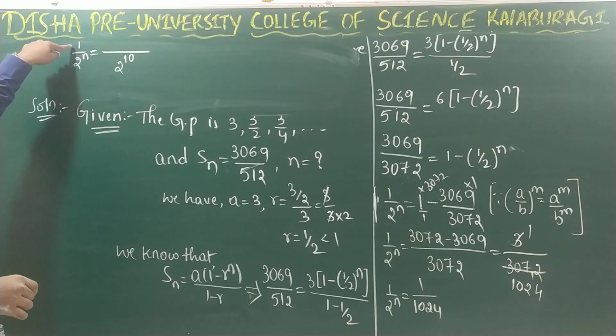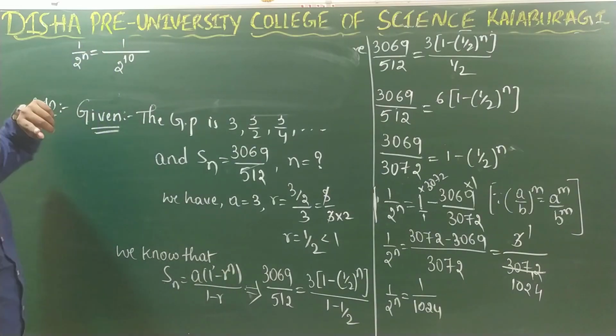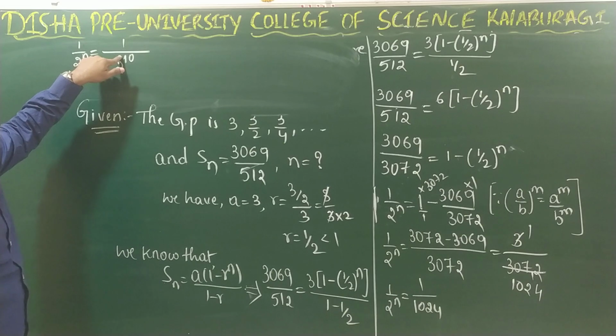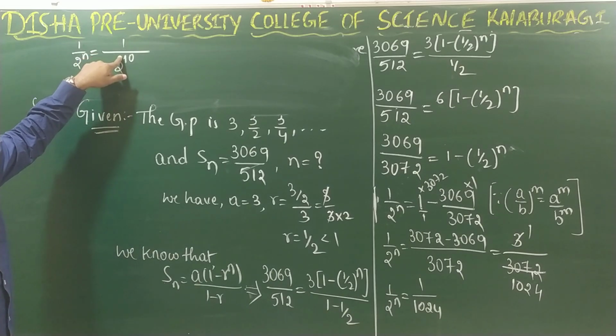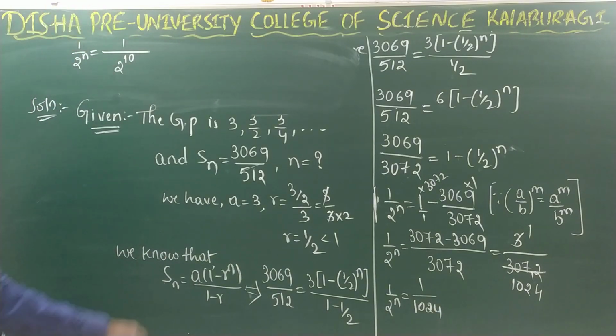I am just changing this in the form of powers of 2. So in the LHS I have 1 divided by 2 power n. And in the RHS part I have 1 divided by 1024. 1024 can be written as 2 power 10. So I hope you understood this. Right? See, let us compare these two terms now.